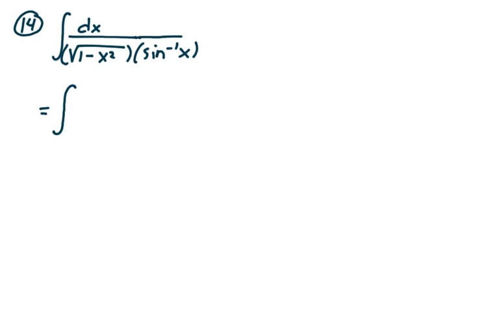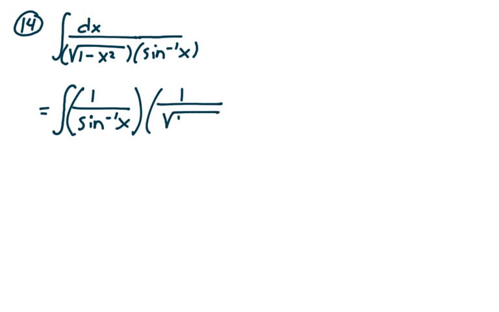I'm going to write this as 1 over arc sine x times 1 over the square root of 1 minus x squared dx. And hopefully this gives you a better idea of what you can call u.